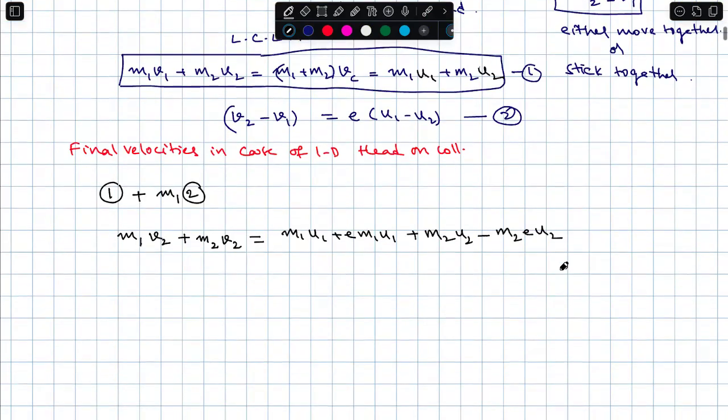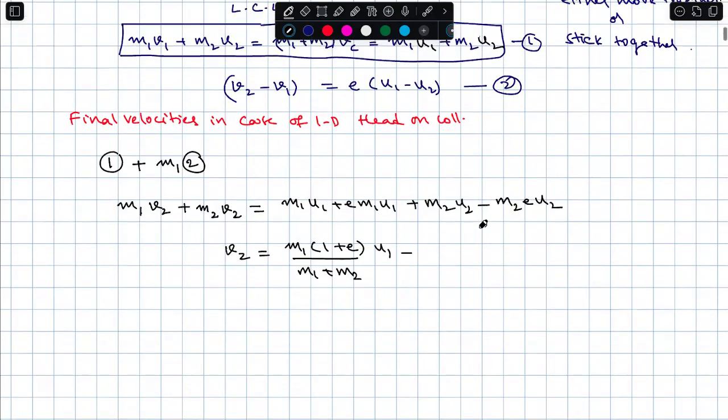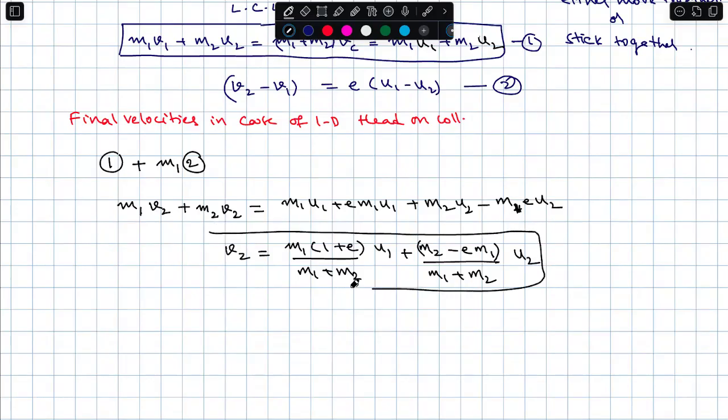Any doubts? No, you got finally v2. v2 is nothing but m1 times (1 plus e) u1 by m1 plus m2, plus the u2 term, because I multiplied with m1. That is v2.